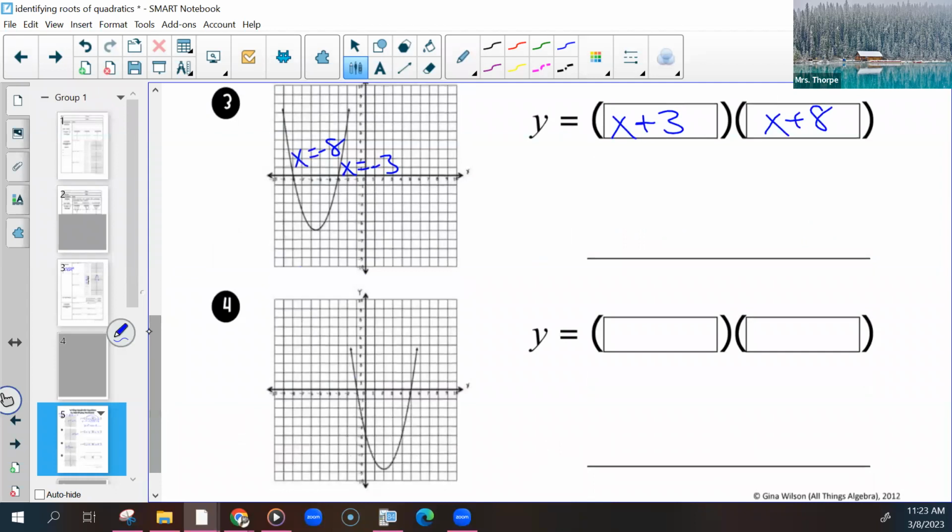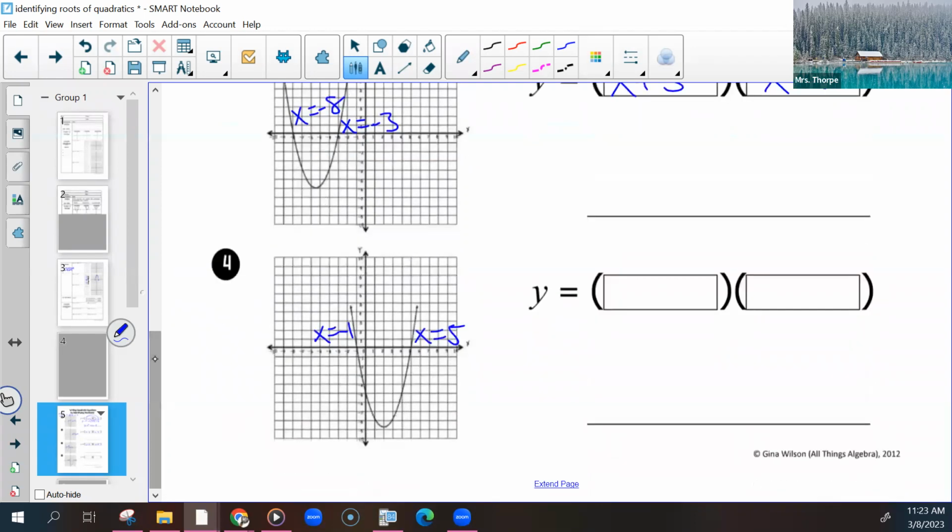Number 4, what are the zeros there? -1 and 5. The -1 and +5, how would we write those in factor form?